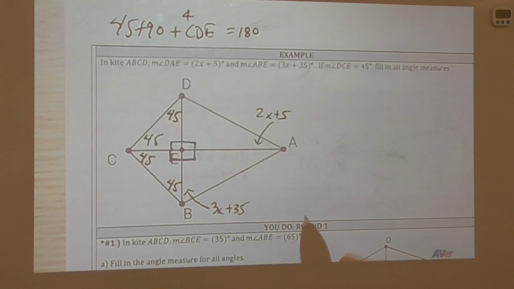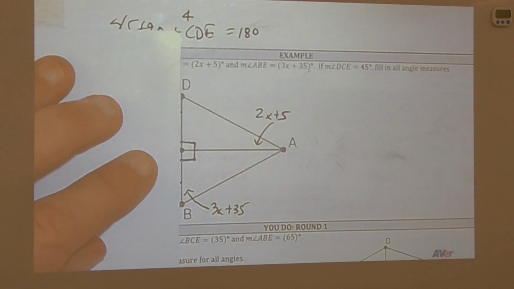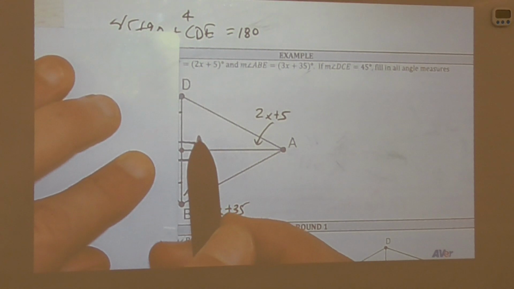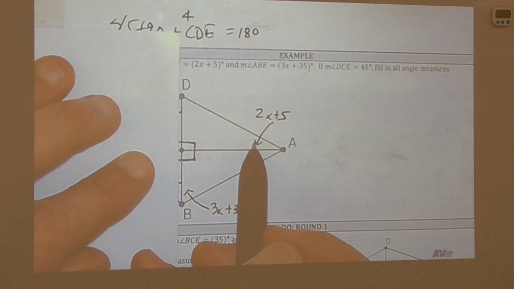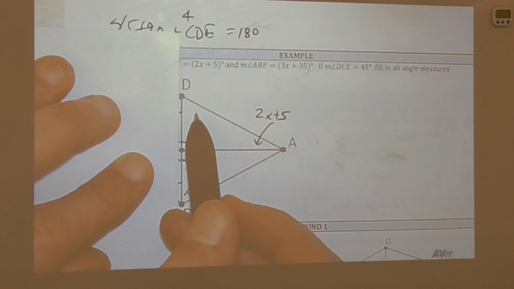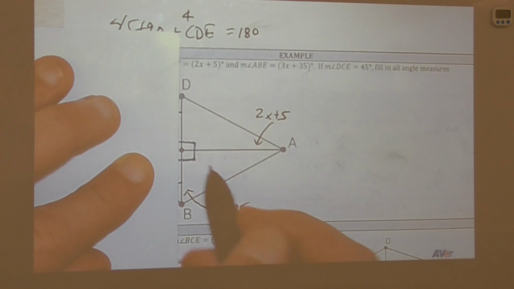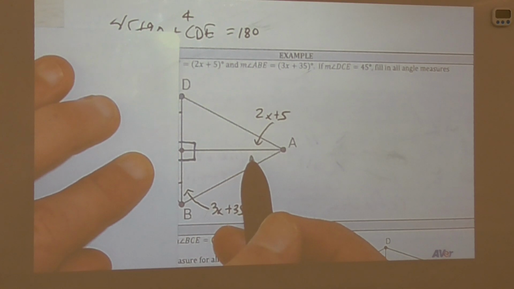Now, if we look over on this side, in this triangle, we have two of the angles. We have the 90-degree angle and we have the 2x plus 5. And then we have a blank up here. And in this triangle, we have a 90-degree angle, and then we have 3x plus 35, but we have a blank right here.